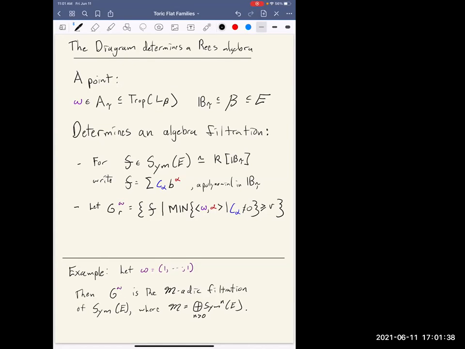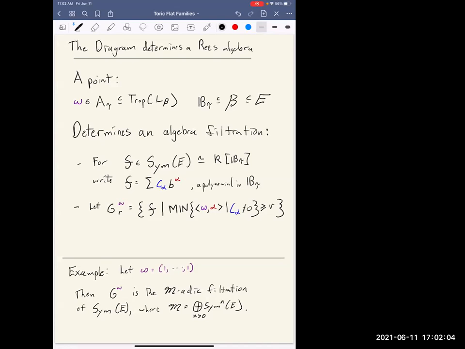And then you just do the normal thing that people who study evaluations do when you're given such data. So when we want to compute a filtration level that our polynomial f lives in, we just dot our purple point from our tropicalized linear space with each of the exponent vectors in this expression. And then we take the minimum, and then we say f is in filtration level r if that minimum is bigger than or equal to r.